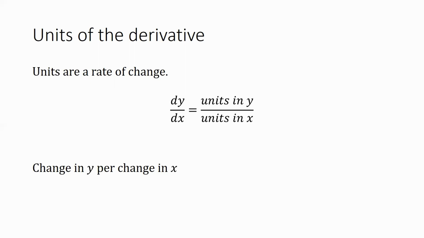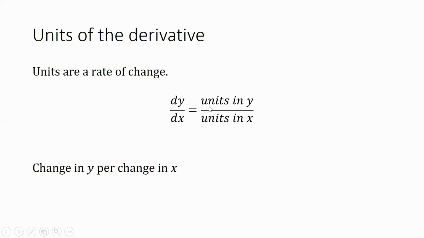I want to start out by looking at the units for the rate of change. Our derivative notation was dy over dx, derivative of y with respect to x. And notice that in terms of slope, the units that we're changing in the numerator of the fraction are units in the y value.